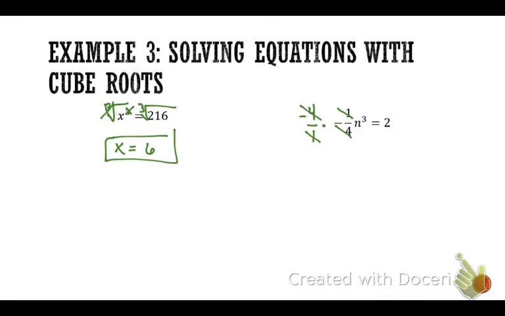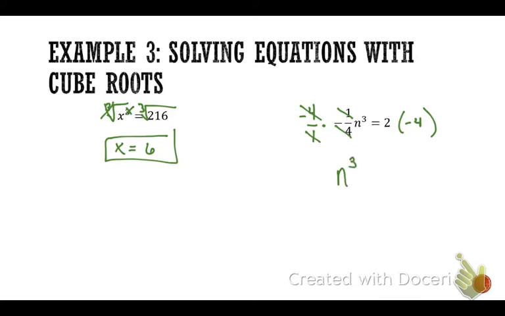Is my answer 2? What do I have to do to the other side? Not yet. You have to do the same thing. Yes. If I multiplied the left side by -4, I have to multiply the right side by -4 too. Now bring it down.